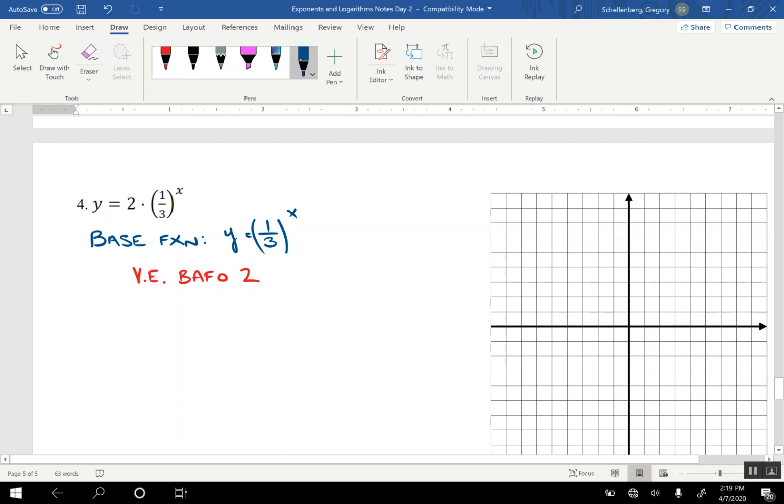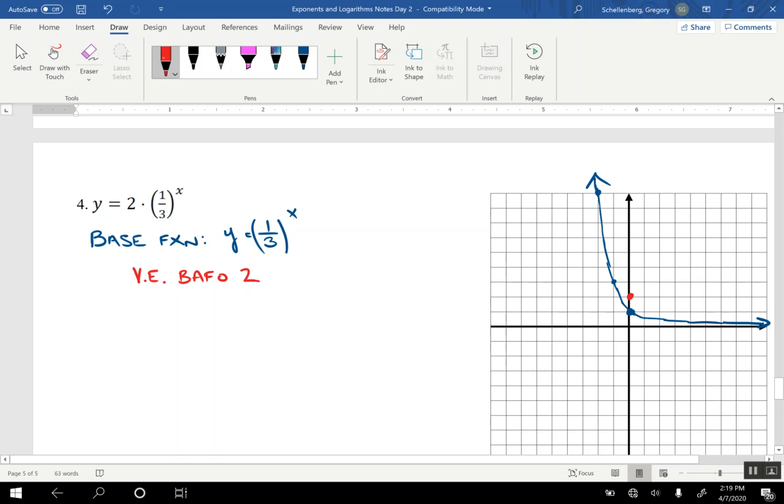Okay, so what does 1 over 3 to the x look like? So our base is between 0 and 1, so this is a decreasing exponential function. So it's going to look something like this. Okay, and then vertically expanding by a factor of 2. So take each of those y coordinates and double them or multiply them by 2.